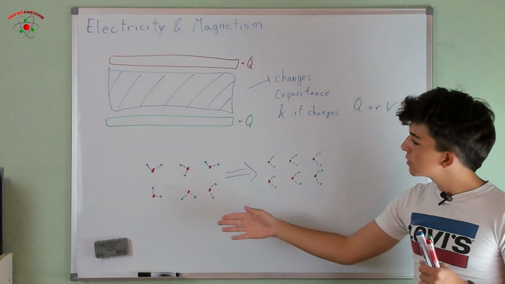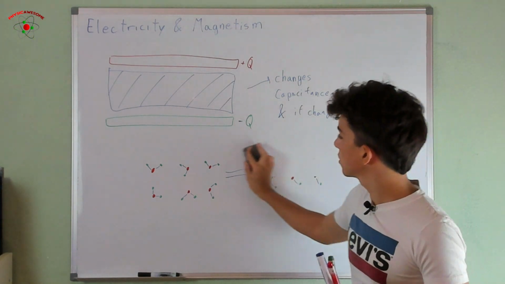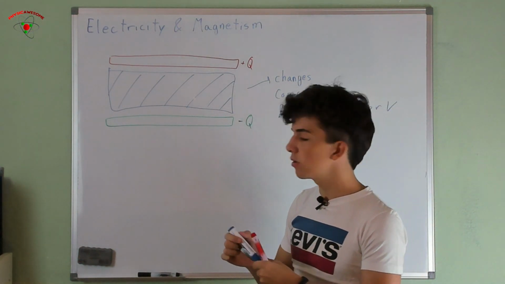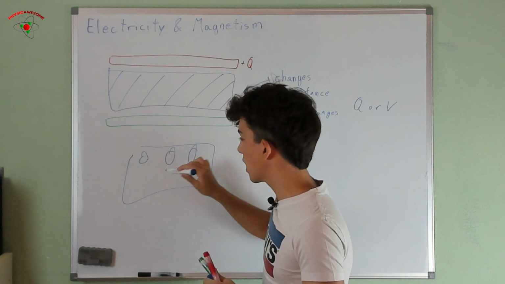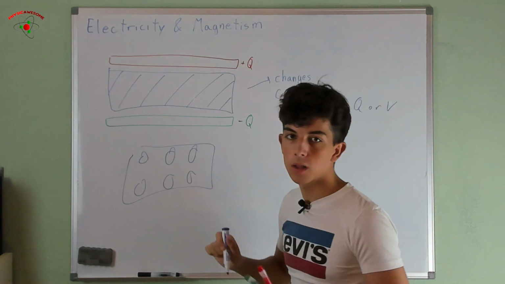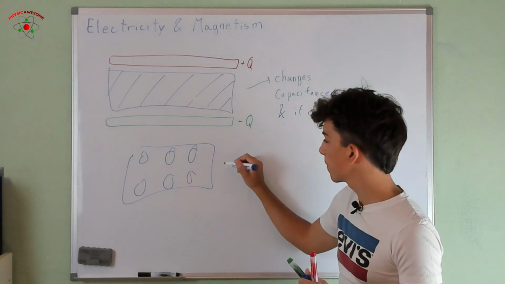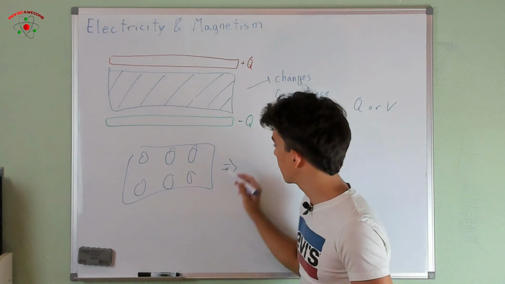If you have some matter that is not made of dipoles, imagine it was just some chunk of matter that has whole atoms that are neutral, what is going to happen is that when the field is applied to that, the atoms are going to become mini dipoles.